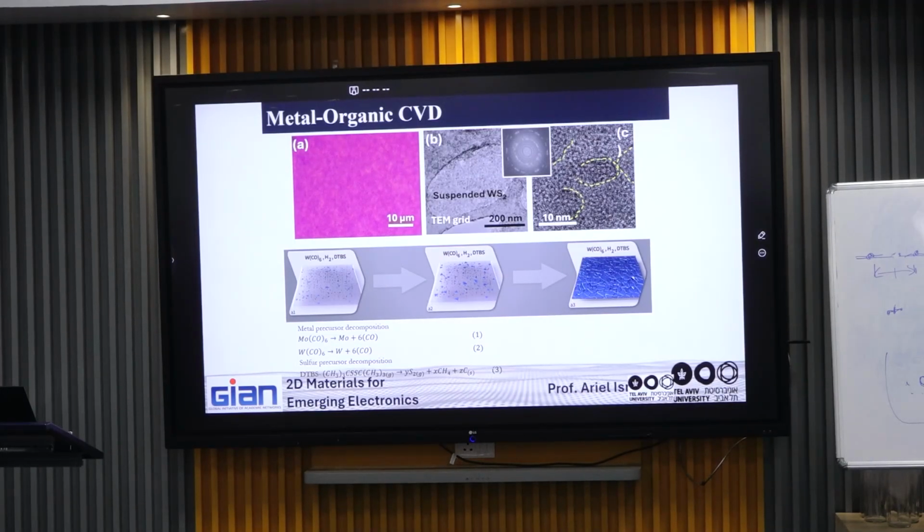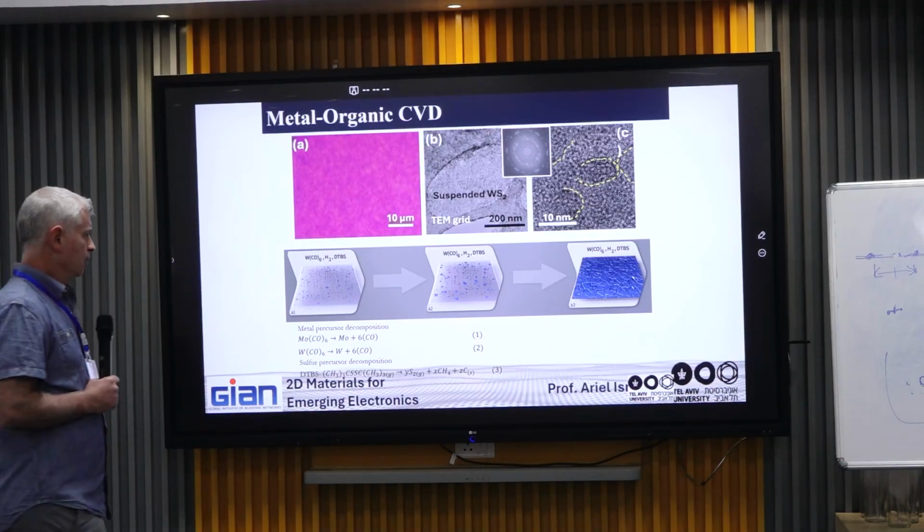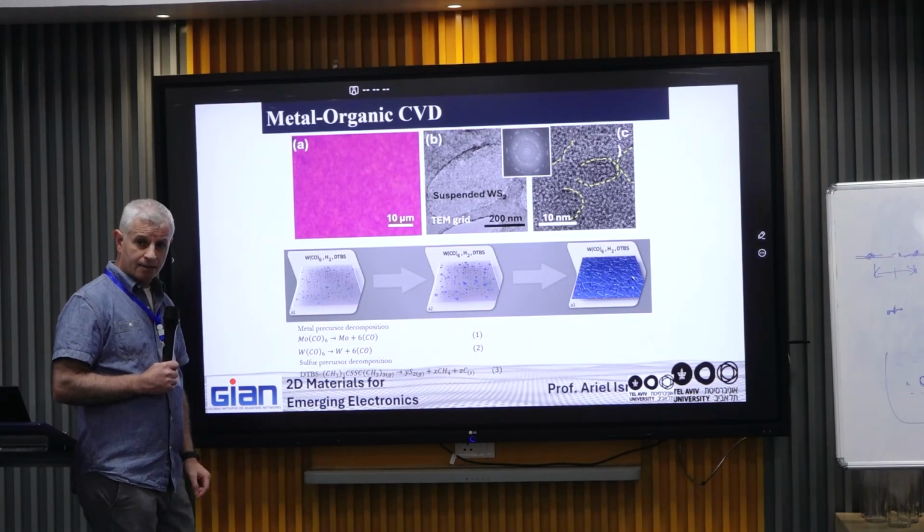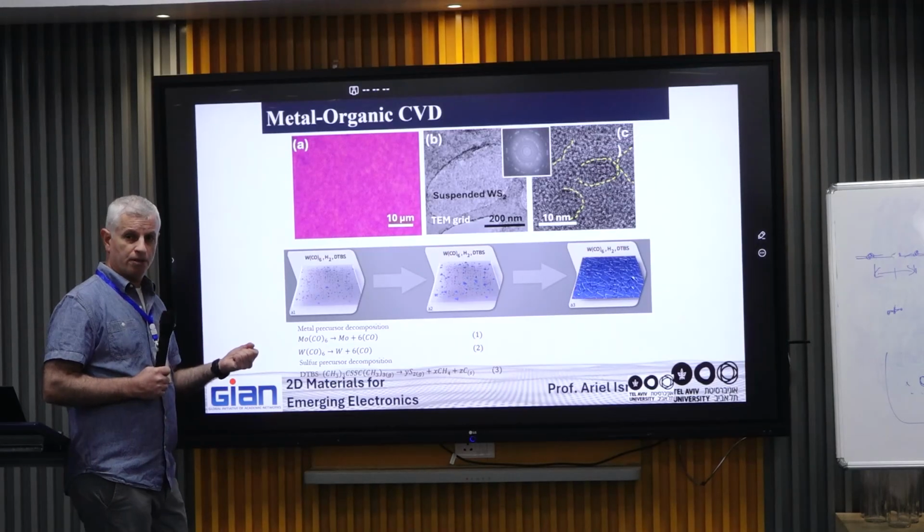We don't like carbon in semiconductors in general, and we don't like carbon on the surface of the graphene because the carbon contamination will act by itself as a nucleation point.